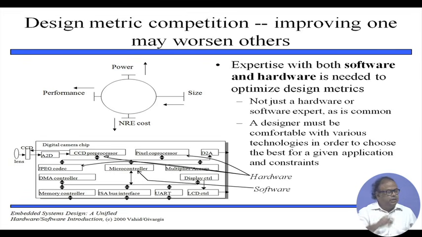What is the advantage if I do it in hardware? It will be faster. What is the disadvantage of doing it in hardware? The cost, the area, it will become more, it will become heavy, all those factors will come into play. What is the advantage of making it in software?